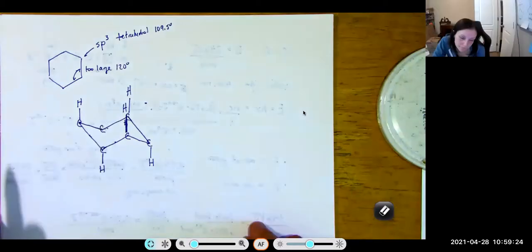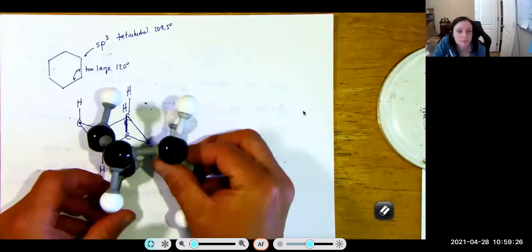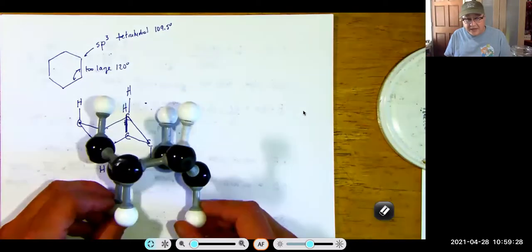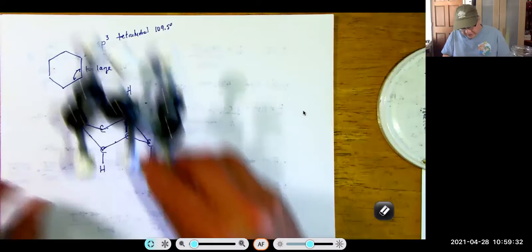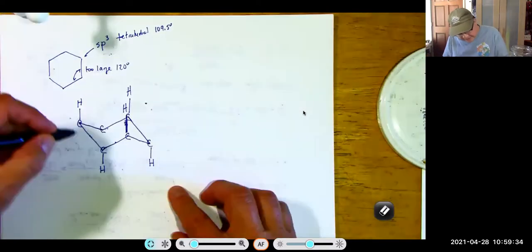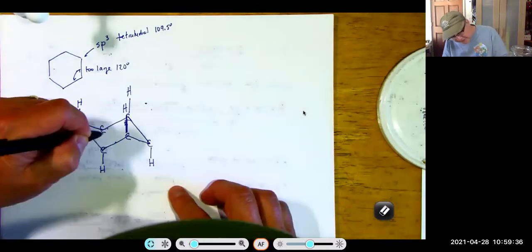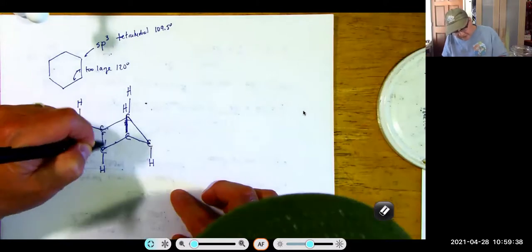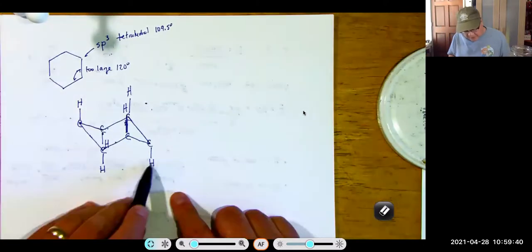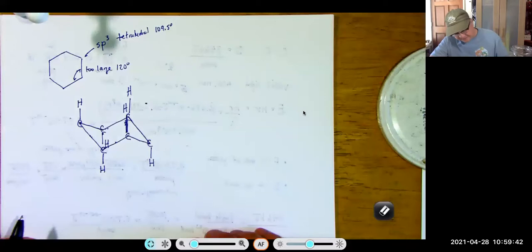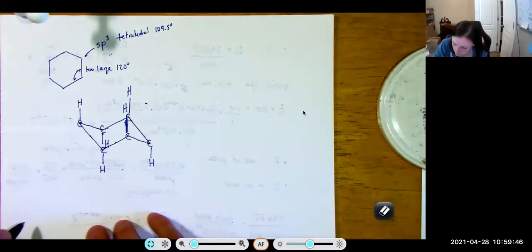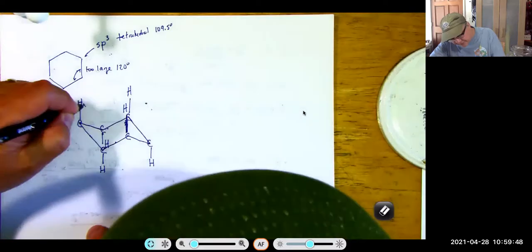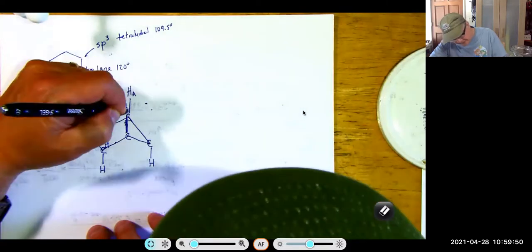Just like these three hydrogens are all pointing in the same direction and they're parallel to one another. So here I've skipped this guy. This has a hydrogen going down. And you see how these hydrogens are all parallel to one another, pointing in the same direction. So we're going to put a little A next to these. What does the A stand for? Axial.